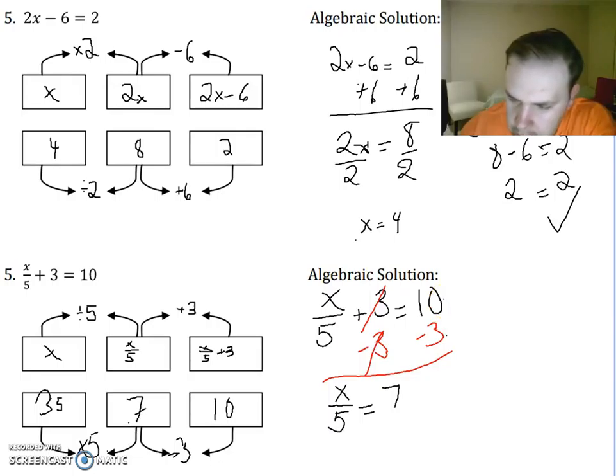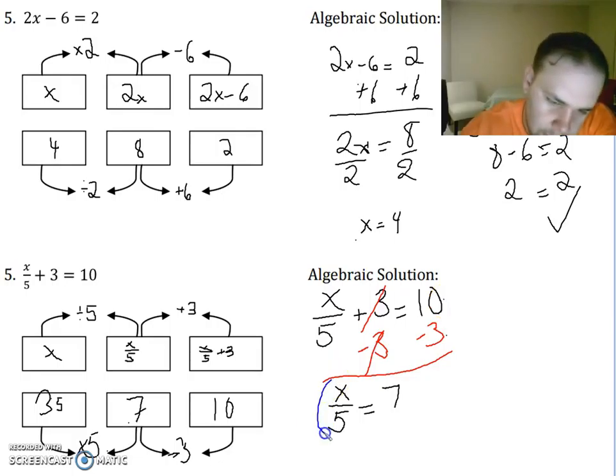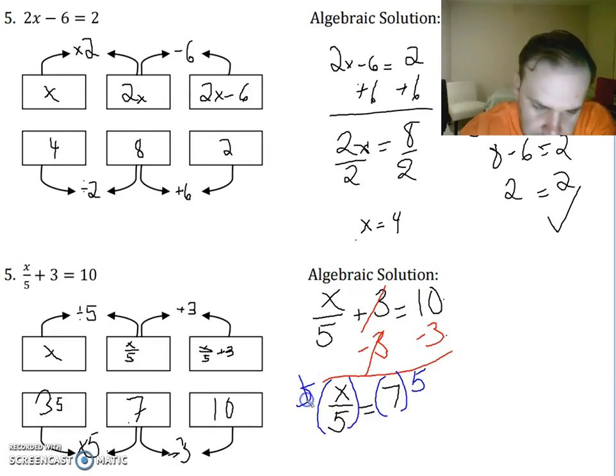And now I'm going to multiply by 5 because x is being divided by 5, so the inverse operation. And we'll cross those out. I'm going to be left with x equals 35.